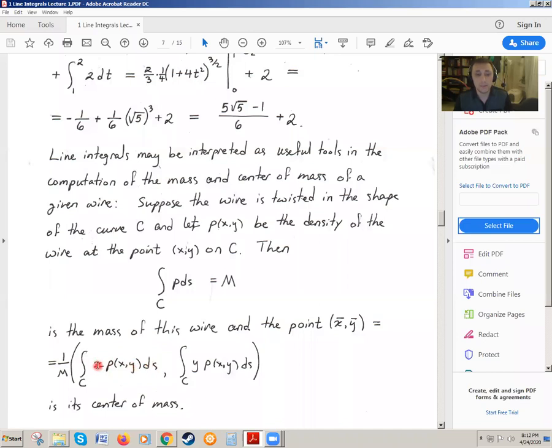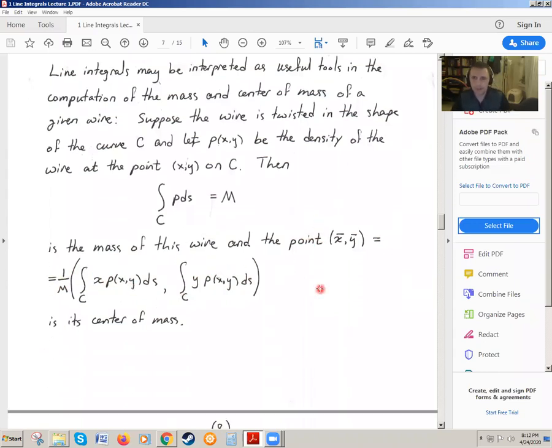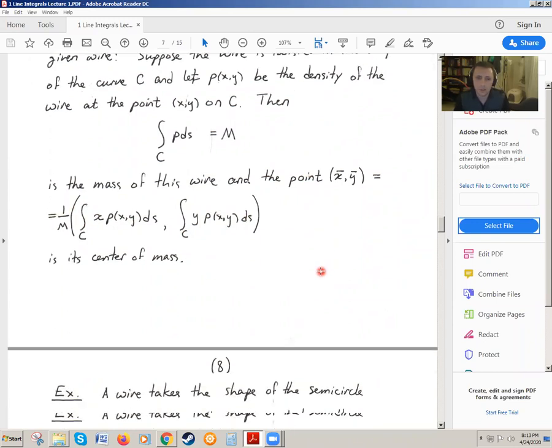So the position x multiplied by the mass segment, similarly y multiplied by the mass segment, then you add up over all the mass segments and divide by m, and that gives you the center of mass. Again, I'm not explaining physical concepts at this moment. If you know what center of mass is from physics and how to calculate it, you can recognize it here.